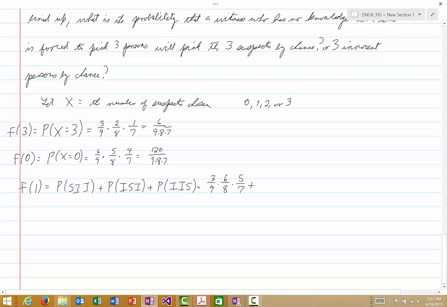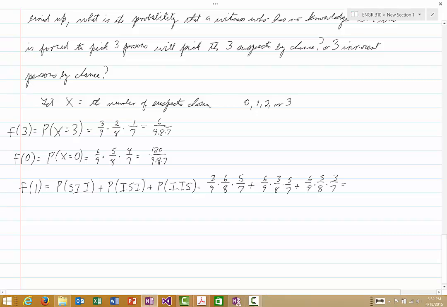Now the probability of innocent, suspect, innocent. The first one would be 6 out of 9, and then 3 out of 8, and then 5 out of 7. And then finally, the probability of innocent, innocent, suspect would be 6 out of 9 times 5 out of 8 times 3 out of 7.